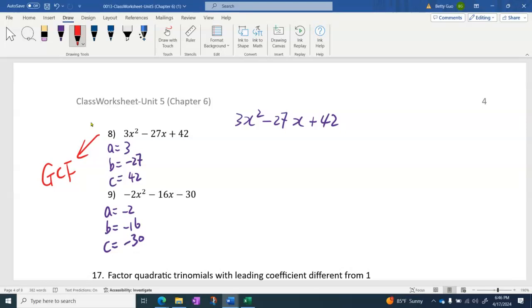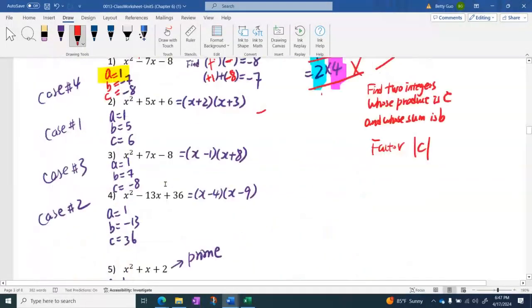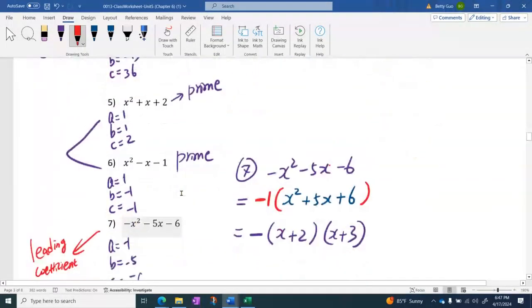Look at our trinomial: 3x squared minus 27x plus 42. Anybody can help me to identify the GCF of the 3 terms? I don't think it's 1. The reason we have not done that yet in the previous questions is because the GCF of the previous polynomials is 1, so we skipped the step.